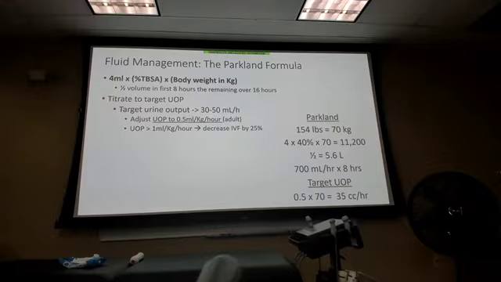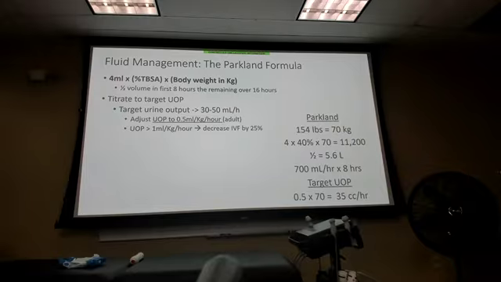As an example, you have a 70 kilogram guy. He's got 40% total body surface area. So 4 times 40 times 70, that's 11,200. Half of that is 5.6, so you're giving 5.6 liters in the first 8 hours. That's 700 milliliters an hour for the first 8 hours, and then the rest is over the next 16.